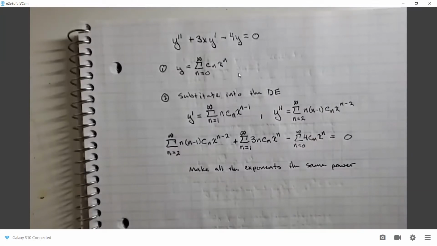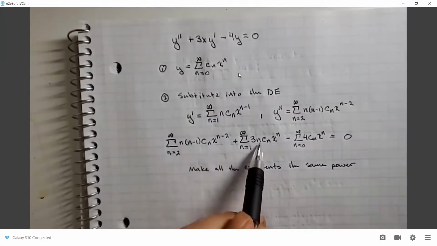For the first one, you can say that it starts at 0 and then add 2 to every n. Okay. Yeah, and then that way you would have an x to the n here.